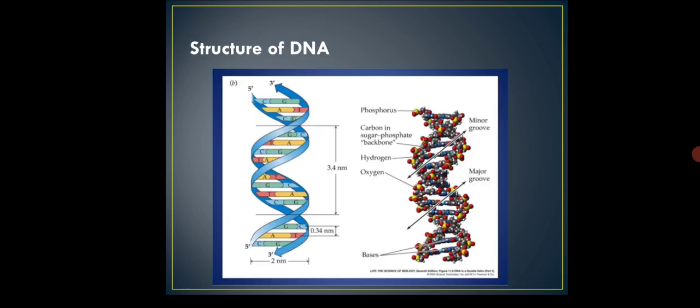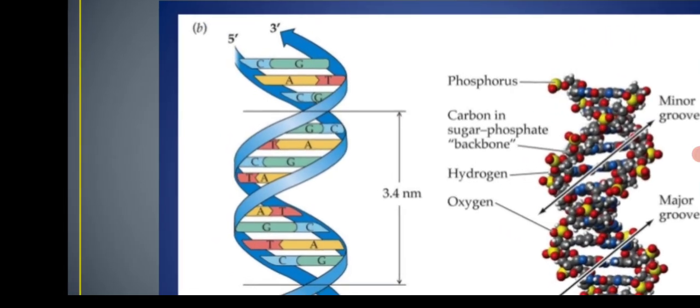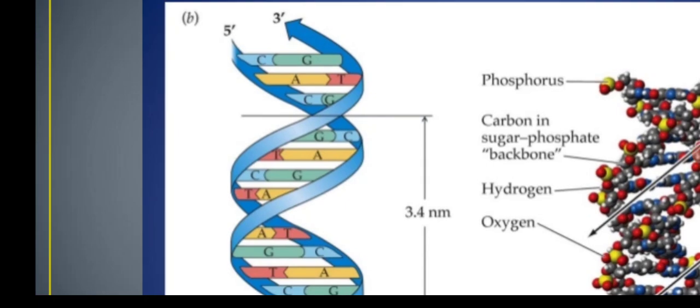Let's see the structure of DNA. If you see the DNA structure, it has a ladder-like structure in which it has two strands which are anti-parallel. One strand is in the 5 prime to 3 prime direction and the other strand is in the 3 prime to 5 prime direction, which goes in the opposite direction.